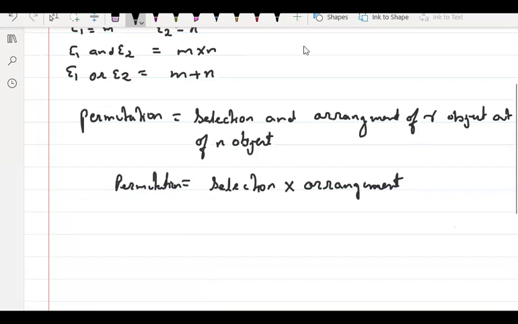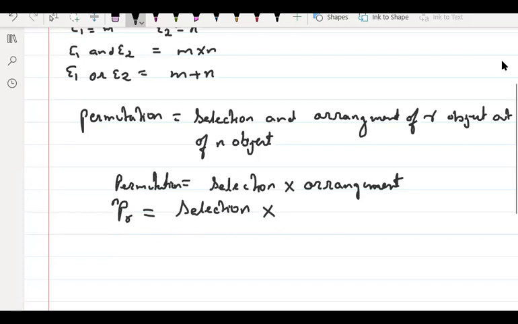Now, when we talk about permutation, the formula of permutation was NPR. NPR means the number of ways of selecting and arranging R objects out of N objects. So this is equal to the number of ways of selecting R objects into the number of ways of arranging R objects.